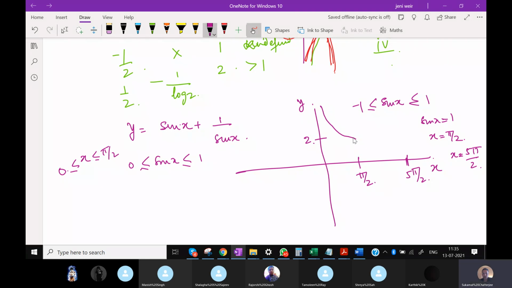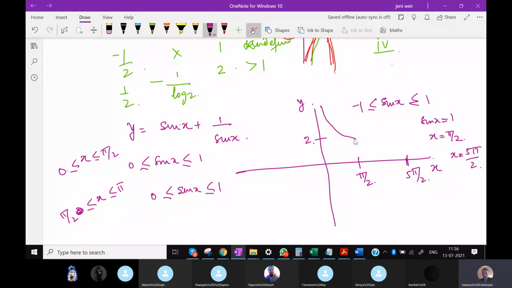Then once again, when x is lying between pi by 2 to pi, sin x will be positive again. So sin x will lie between greater than 0 and less than 1.